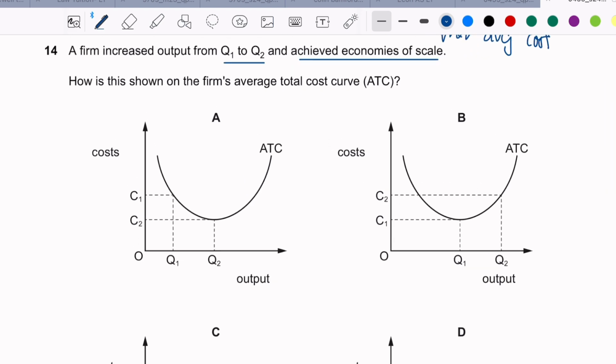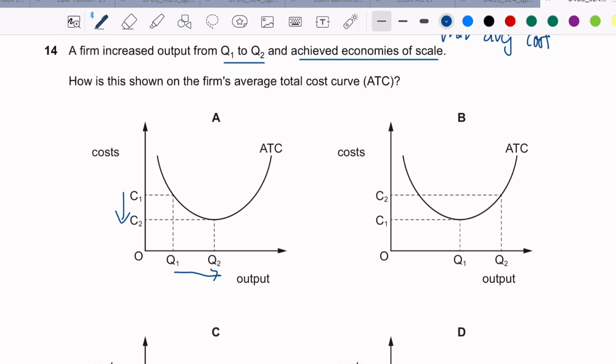14. A firm increases output from Q1 to Q2 and achieves economies of scale. How is this shown on a firm's average total cost curve? When you reduce the cost from C1 to C2, quantity increases from Q1 to Q2. This is correct.